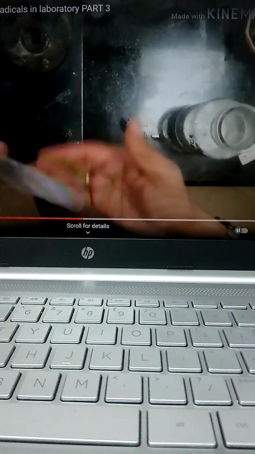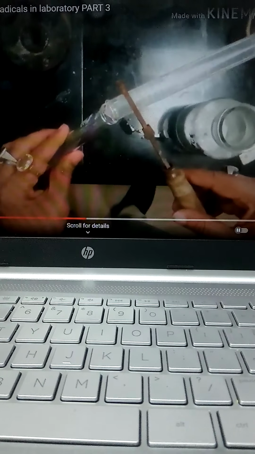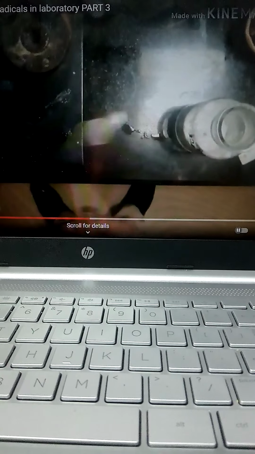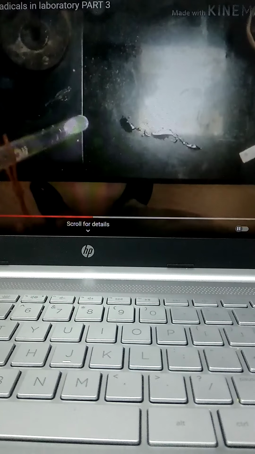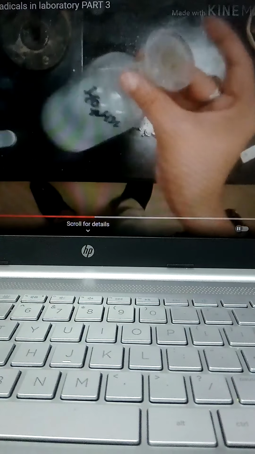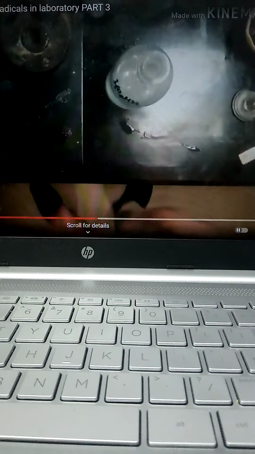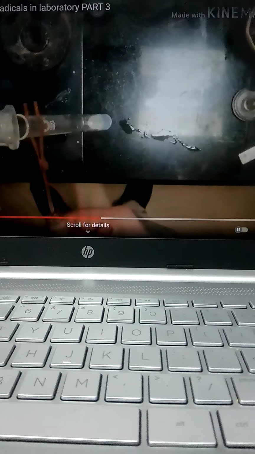Shake well so that the solid ammonium chloride is completely dissolved. Okay. Then add ammonium hydroxide to the same solution. Add excess of ammonium hydroxide.